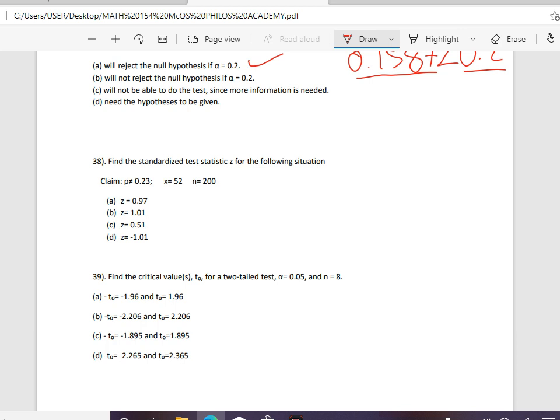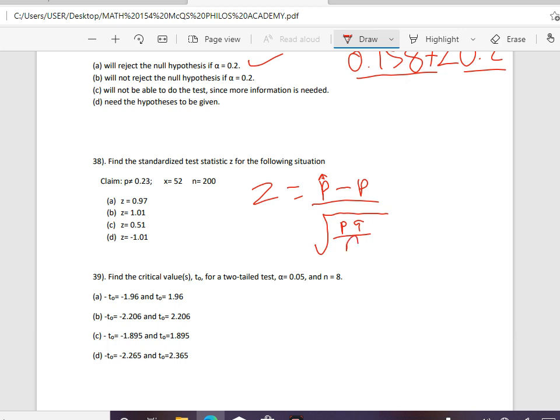Now, this is a proportion, so it's going to be P hat minus P, divided by the square root of P times Q over N, isn't it?